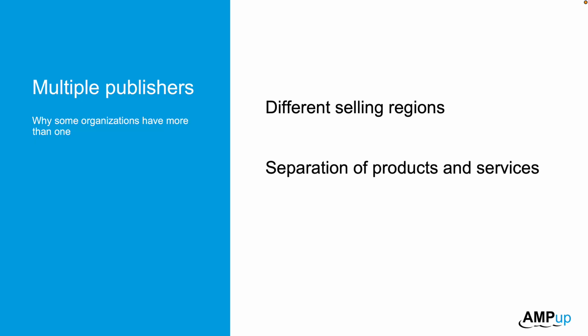And really, that comes down to this next concept, which is accounting. Now, why multiple publishers? Oftentimes because there are different cost or billing centers within large organizations that want to manage their set of products and services independently, or their banking information and tax information independently.